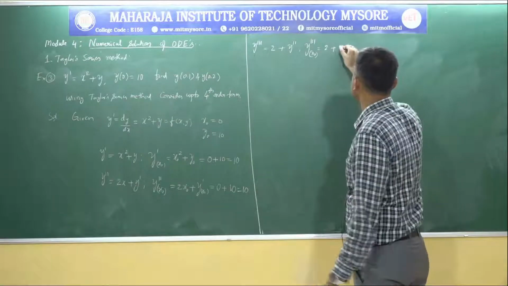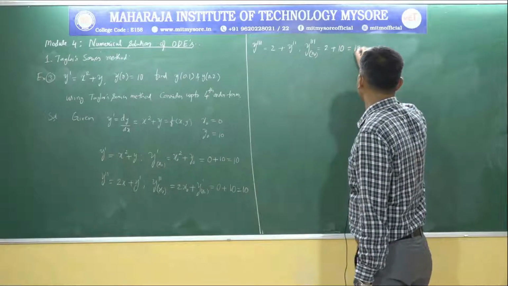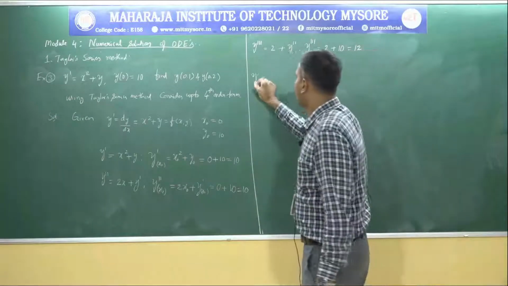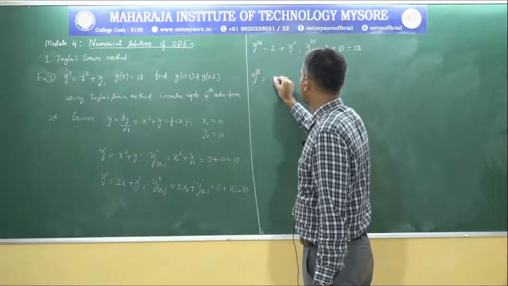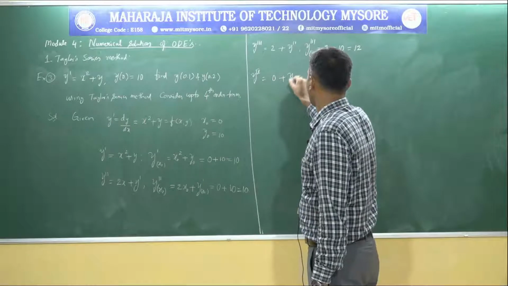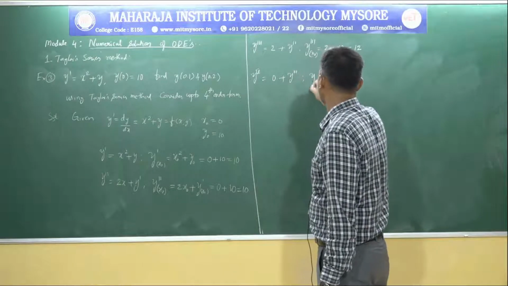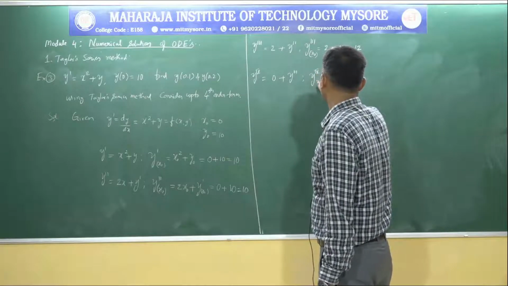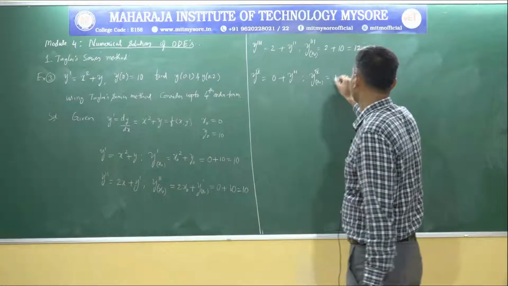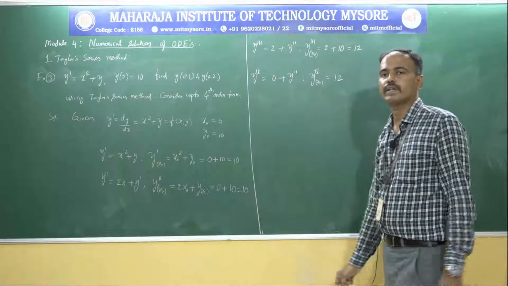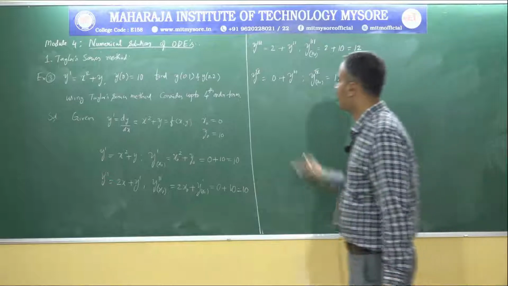The previous value 10 is available, so we get 12. Next, y fourth. Differentiation of 2 is 0, and y triple dash gives y fourth of x naught, which is 12, from the previous result of y triple dash.